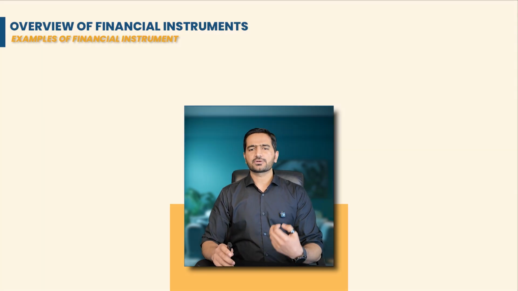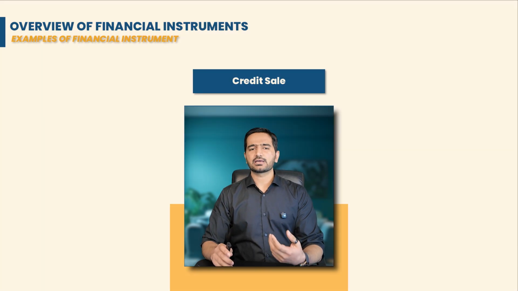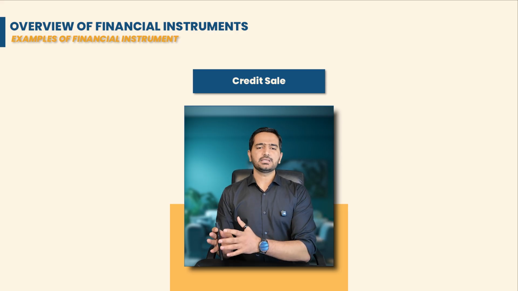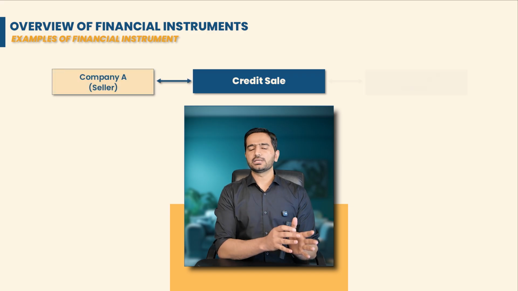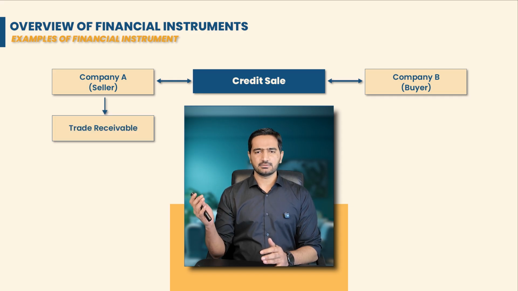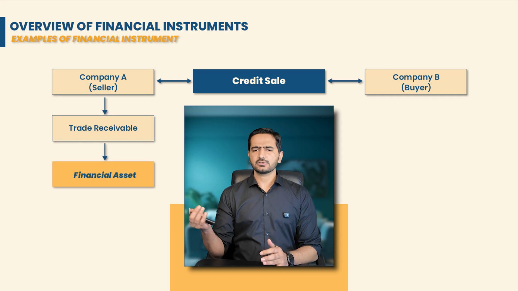First example is of credit sales, and this is the most everyday example in accounting. Let's say Company A sells goods to Company B on credit. In this case, Company A would record trade receivable on the debit side, that is financial asset, and revenue on the credit side.